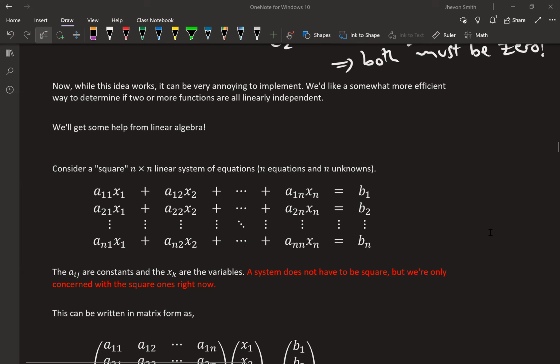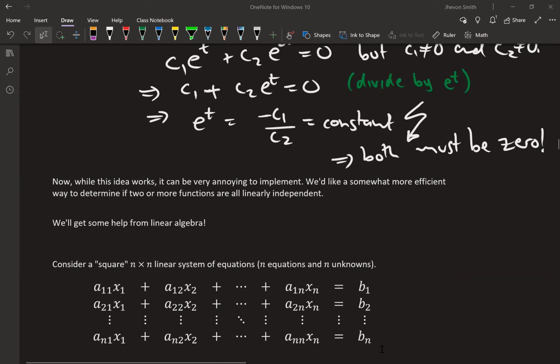So just a quick recap from linear algebra. This thing is an n by n linear system. It's n by n because notice it has n equations and n unknowns. The a's are constants. My x1, x2, x3, all the way up to xn are the variables. And these guys over here are constants.